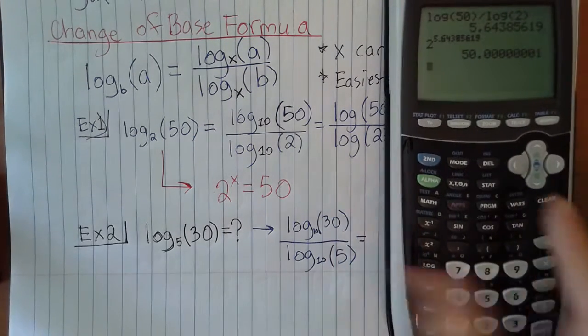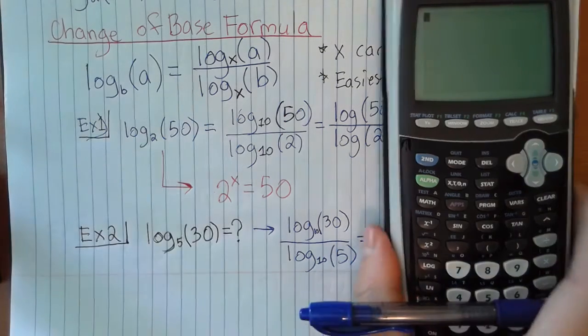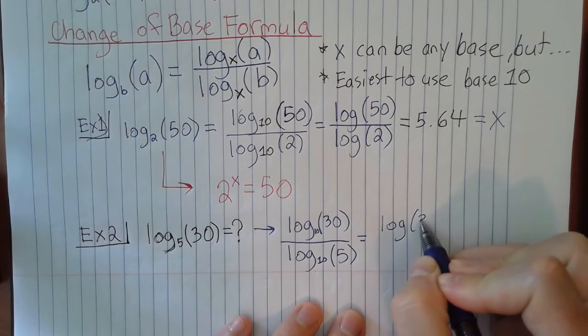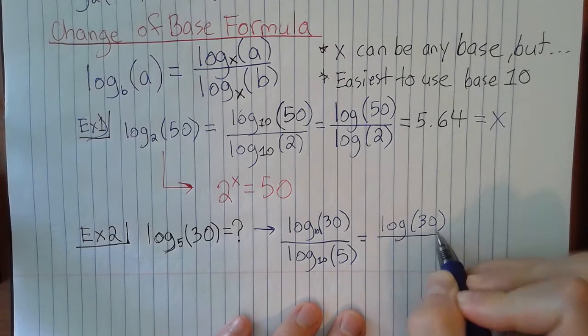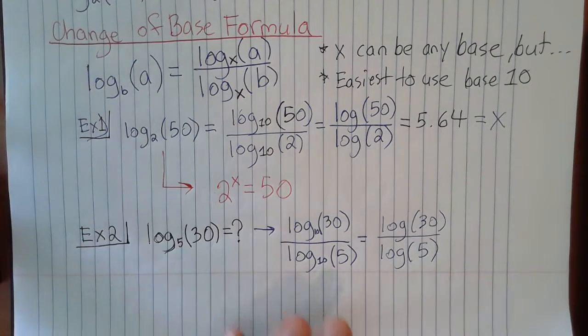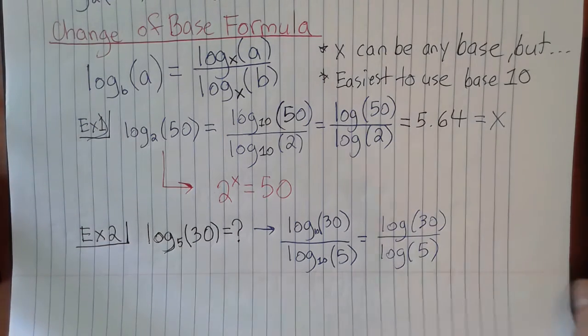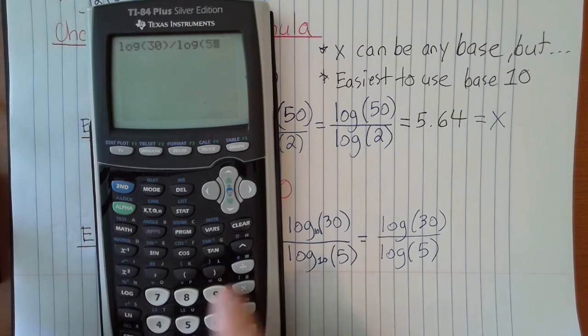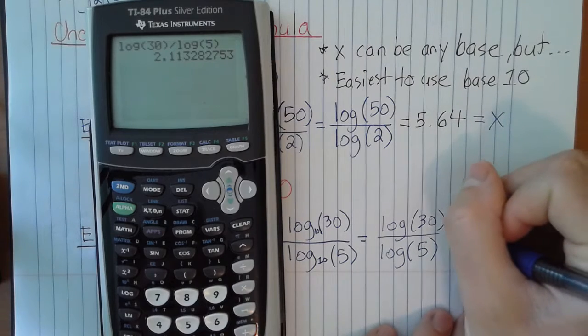And then we would put that into our calculator where we were just doing log button 30 divided by log button of 5. And that equals about 2.11.